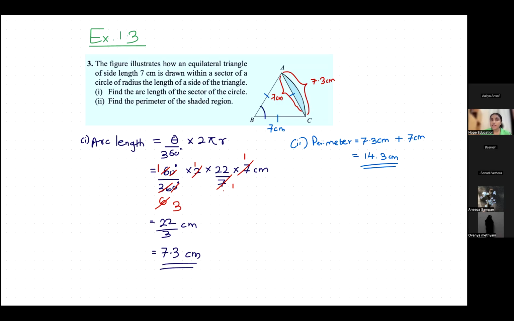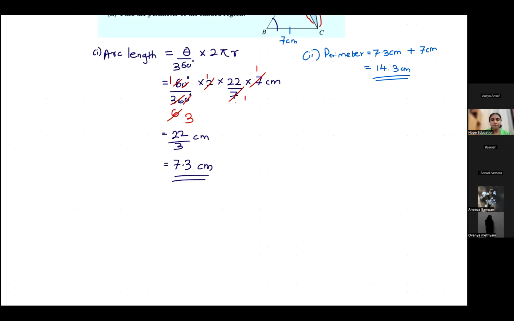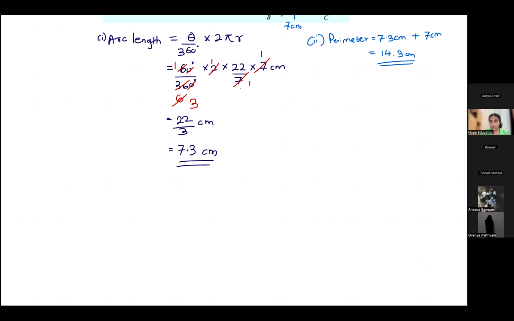Then our next homework is miscellaneous exercise, the third and fourth, right? Miscellaneous exercise third and fourth. So let's move on.